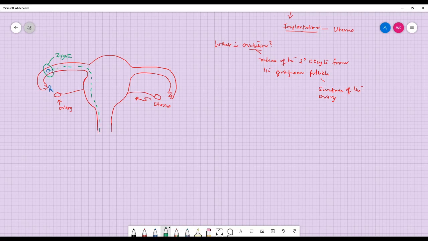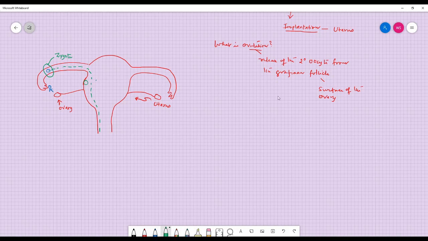The zygote moves down the fallopian tube. In the process, it's developing till it finally implants itself at the walls of the uterus.